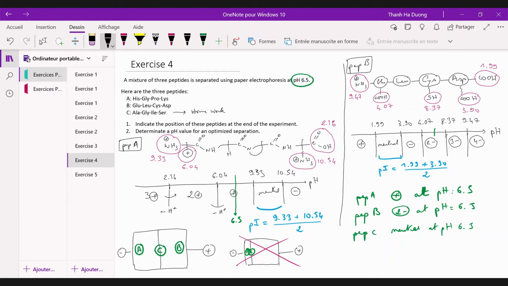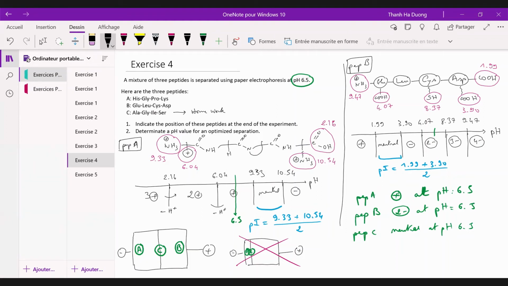So if you want separation and you put all the proteins on the same side, some of them will have no distance to migrate. I don't know if you understand me. Yes, I understand. Thank you. Okay, other questions?